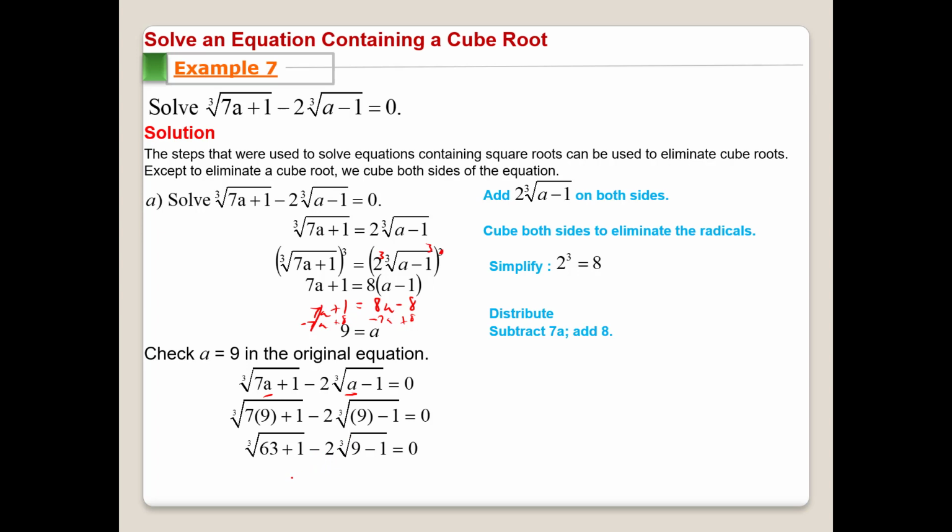So we have the cube root of 64 minus 2 times the cube root of 8, equals 0. The cube root of 64 is 4, and the cube root of 8 is 2. So we get 4 minus 2 times 2, which is 4 minus 4, which equals 0. So it works out. The solution is 9.